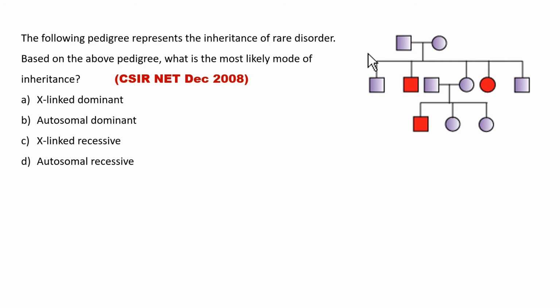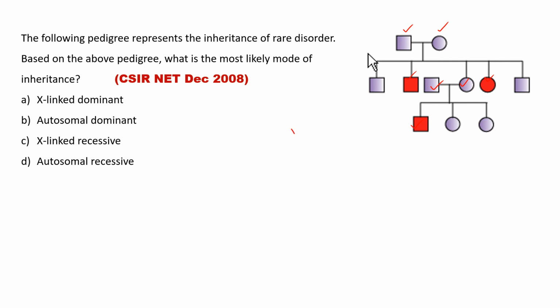In our previous question, I told you that if you see any unaffected parents have affected offsprings, then you can confirm that it is recessive. Here also these are unaffected parents, but they have affected offsprings. Here also these are unaffected parents, but one male offspring is affected.